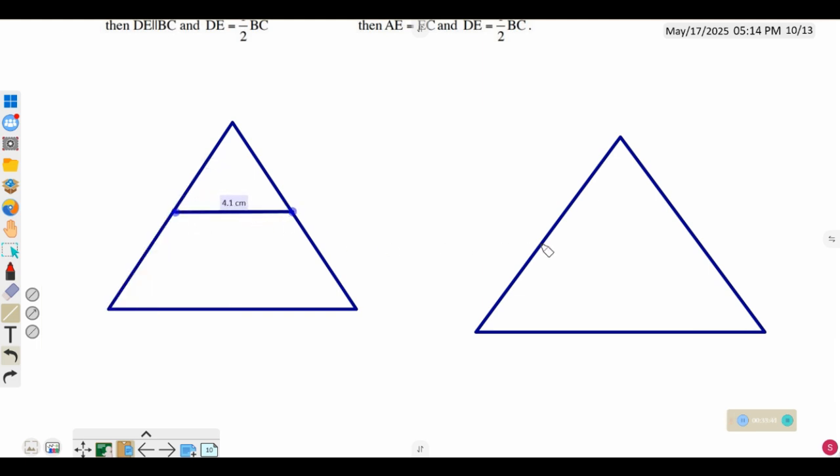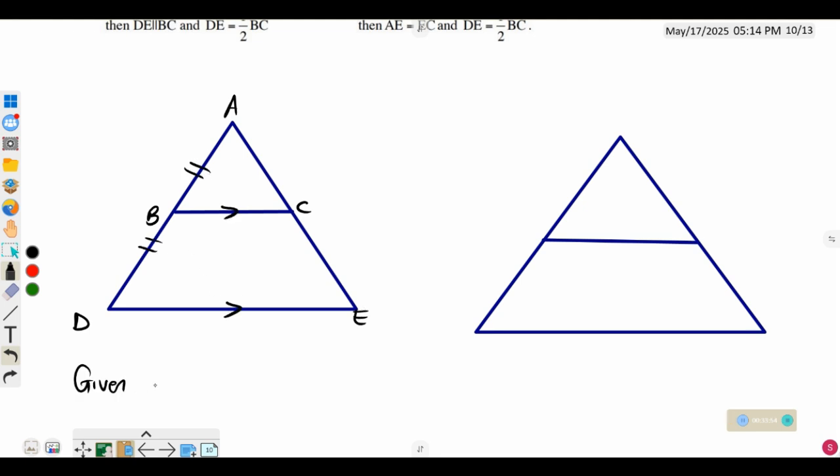Given the following A, B, C, D, E, this is what you are given, that this is parallel to that, and given AB equals BD, and that BC is parallel to DE. What can you conclude in that case? You can conclude the following, that AC will be equal to CE, like that.